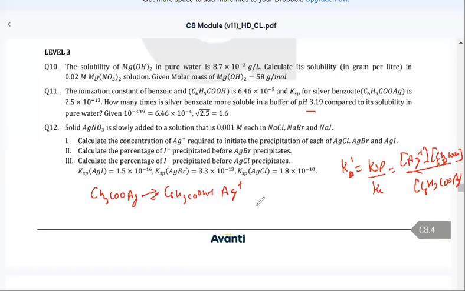So K dash is equal to Ksp by Ka, and now this is the concentration of this C6H5COOH, right?